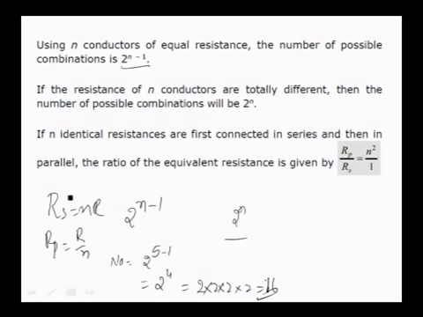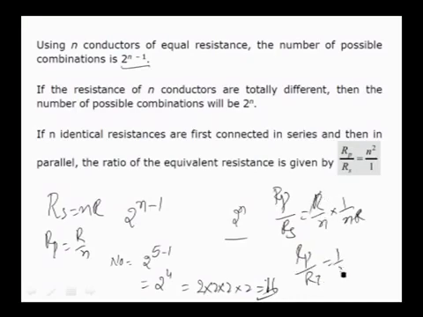If you take the ratio of these two, Rp divided by Rs is R by n divided by nR, and cancelling, we get Rp divided by Rs is equal to 1 by n squared.